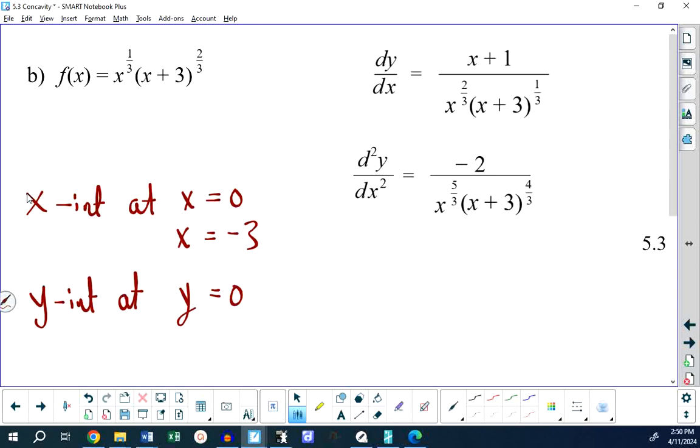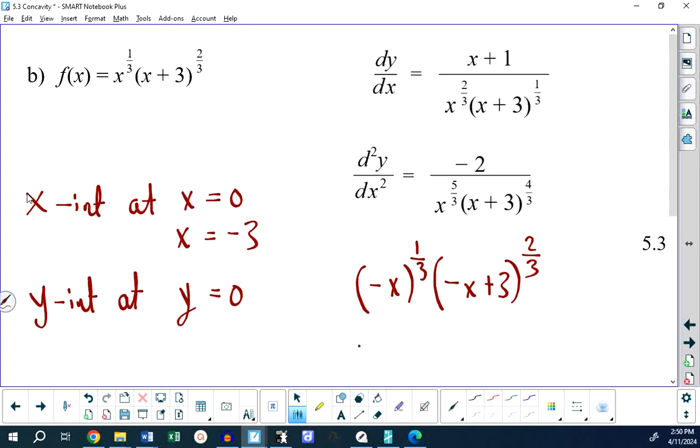It is neither odd nor even. If I were to put into that function -x, it is true that the first factor of this function becomes the negative of what it was.